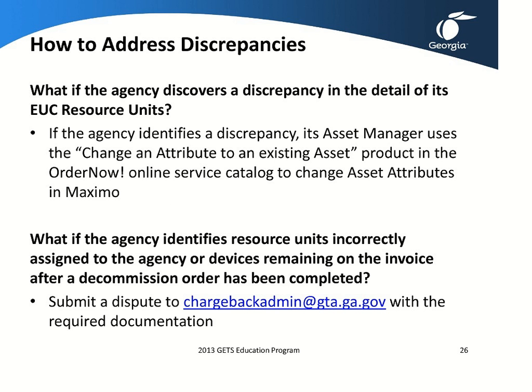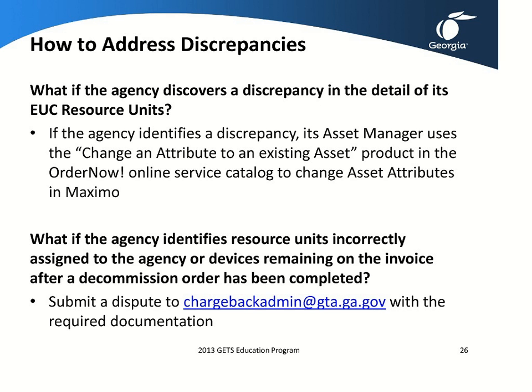So now let's take a moment to look at how to address discrepancies in your invoice. If you're looking at your invoice detail and see a room is wrong for an asset, a cost center is incorrect, the username or the user ID is wrong, if any of these details are wrong, your asset manager can go into Order Now and use the Change an Attribute to an Existing Asset product to request the necessary change.